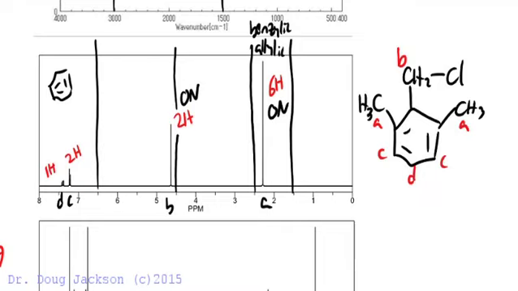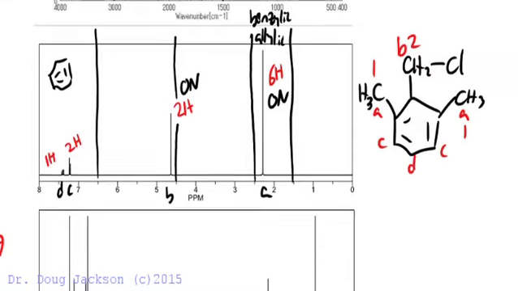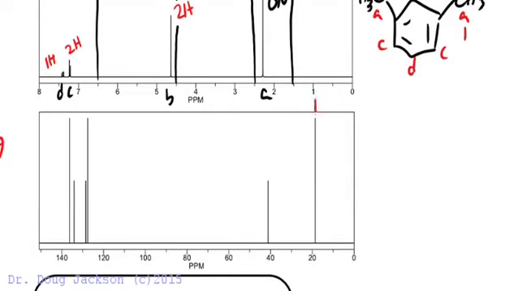So how many carbons do we expect to see? Well, let's see. The methyl groups I'd expect to show up first. 1, and then the non-aromatic here, 2. And then the aromatics, who knows what order they're going to show up in, but it'll be 3, 4, 5, and 6 total.